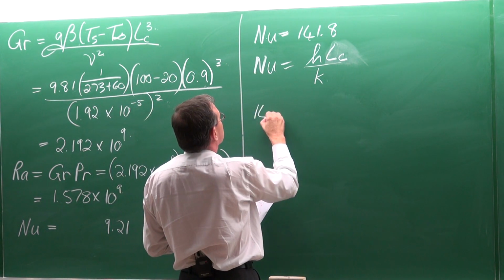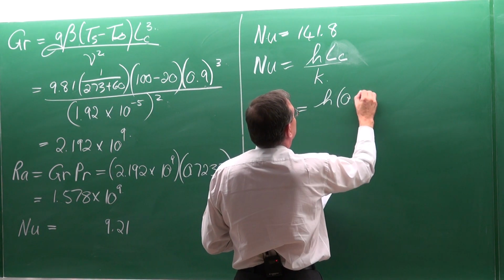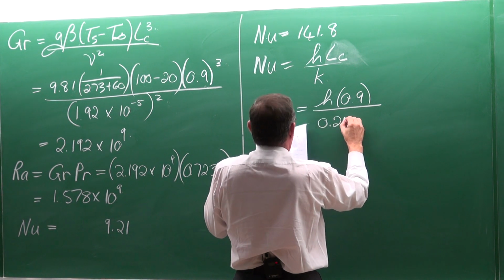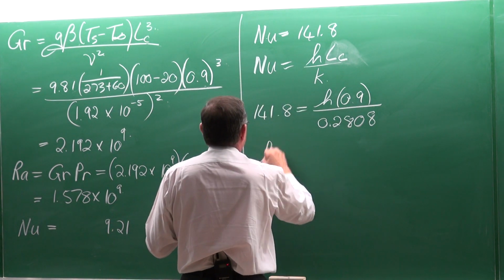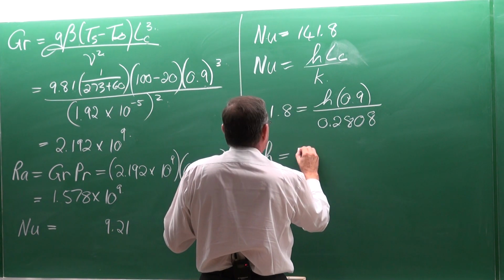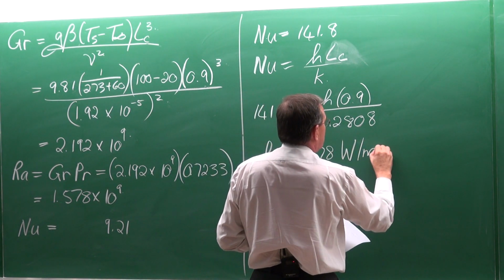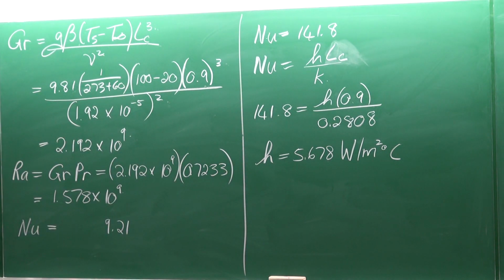The Nusselt number is 141.8, equal to the heat transfer coefficient multiplied by the characteristic length divided by the thermal conductivity, 0.2808, and the result is a heat transfer coefficient of 5.678 watts per square meter degree Celsius. If we look at the answer, it looks right. It is not hundreds or thousands. It's a typical value for natural convection, order of magnitude approximately 10.